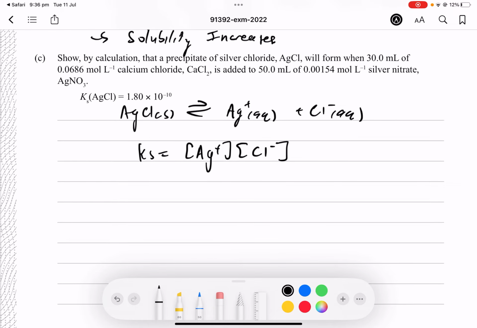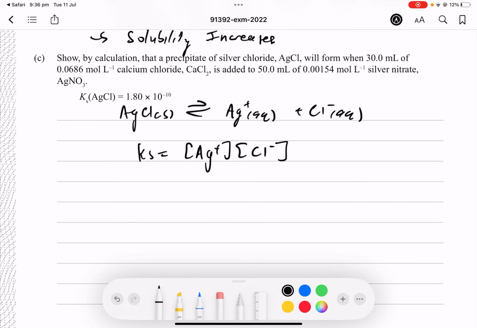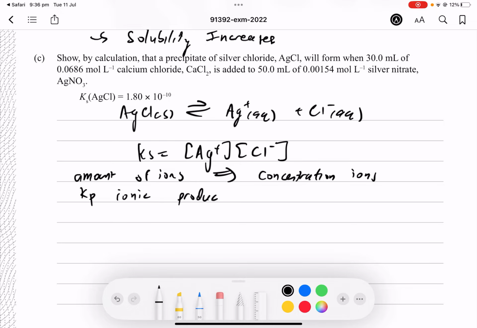Now for this question, we want to relate the amount of ions to the total volume and therefore the concentration of ions. Then we want to calculate the ionic product, we'll call it Qsp, and then compare this to the Ks value.